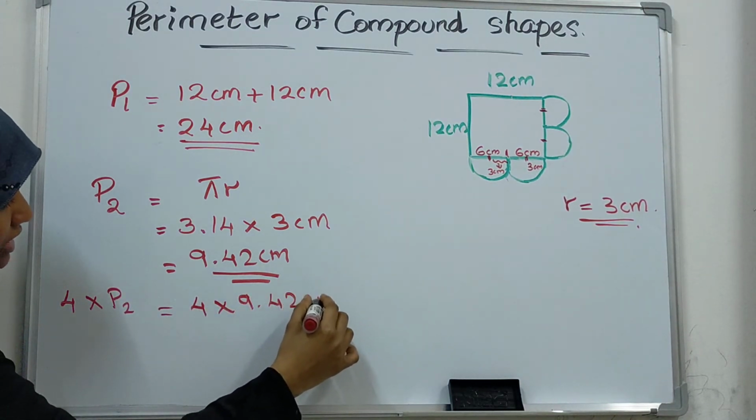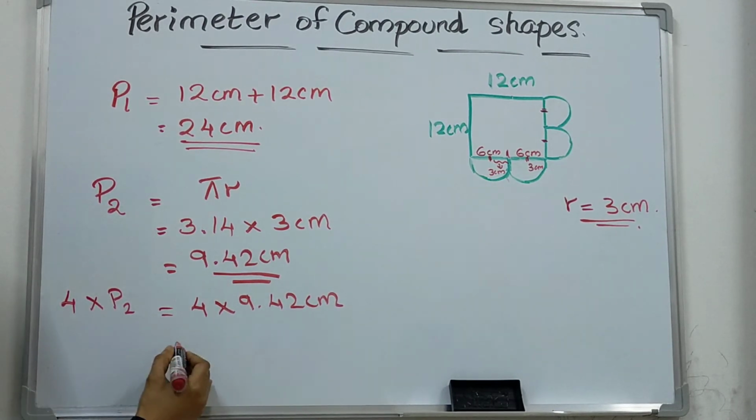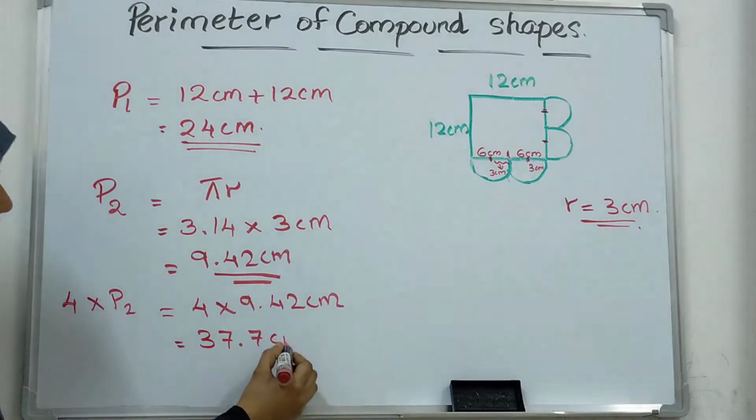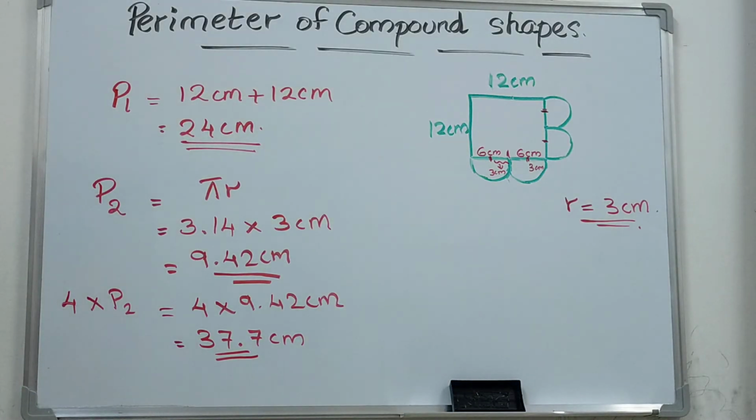What will you get as your answer? 4 times 9.42, which is 37.7 centimeter. Okay, so you have got the second part. And what about the final step to find the perimeter of this compound shape?